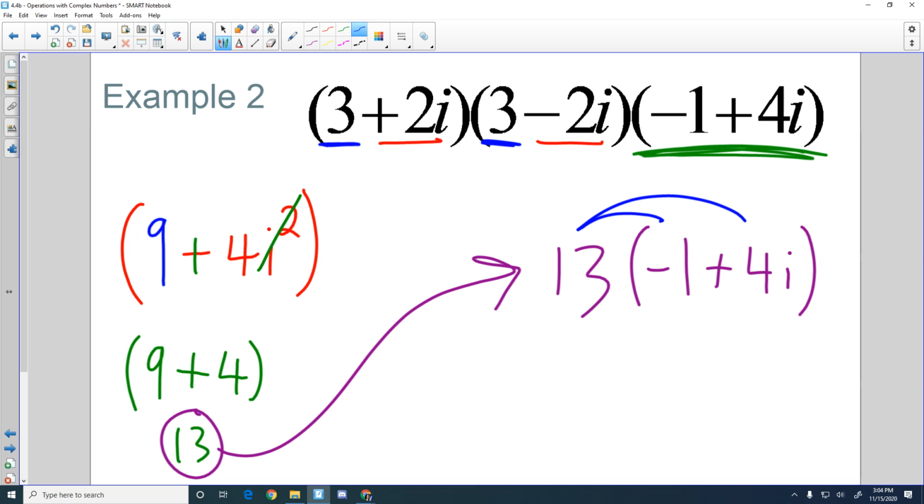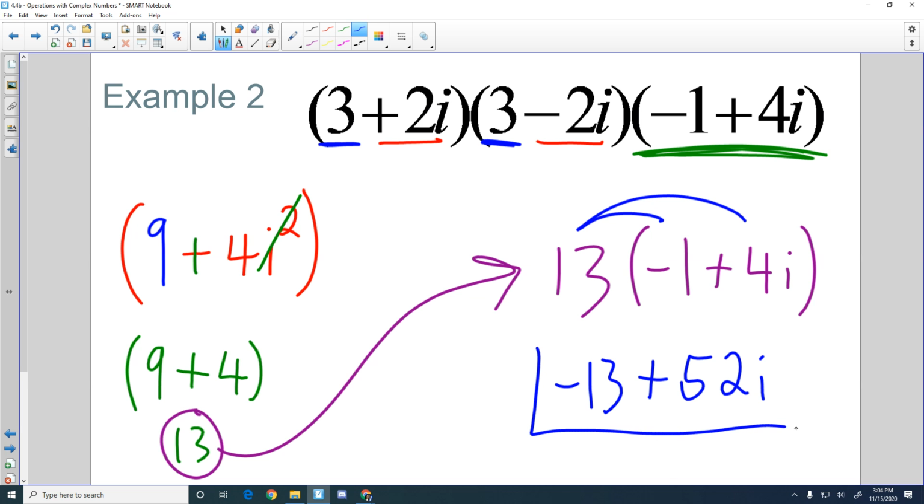Well, 13 times negative 1 is negative 13. 13 times 4i, well, 13 times 4 is just 52. So this gives us 52i. And that's it. That's our complex number right there. Negative 13 is our real part, and 52i is our imaginary part. Great job, everyone.